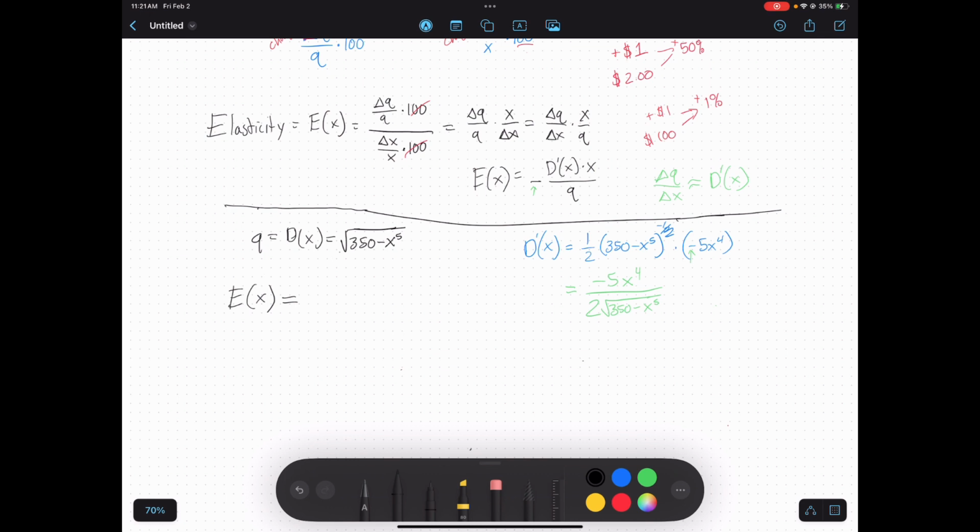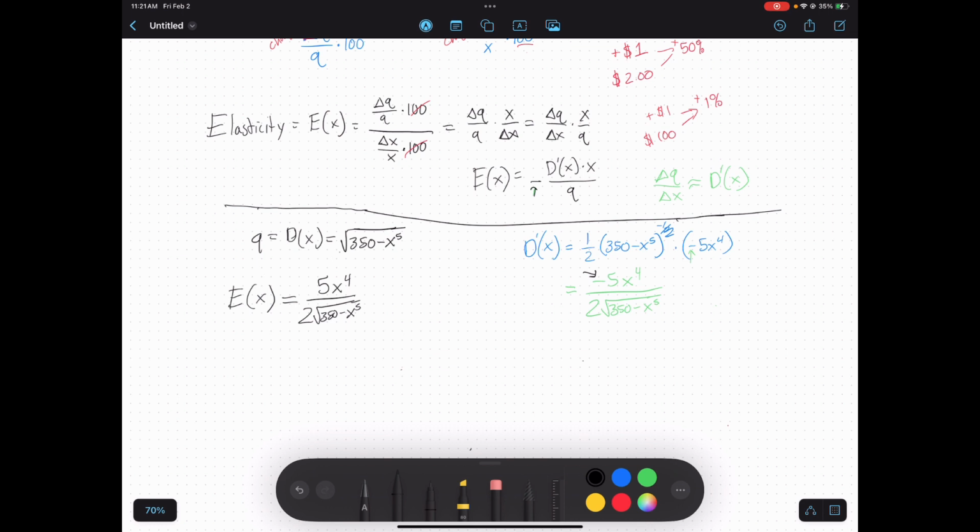I can go ahead and build my elasticity function. Notice my elasticity function has this negative out in front, and that's going to cancel out with this negative. That's what we want to happen. Usually your negatives cancel out so that your elasticity function is positive. So what am I left with? D prime of x is 5x to the 4th over 2 root (350 minus x to the 5th).